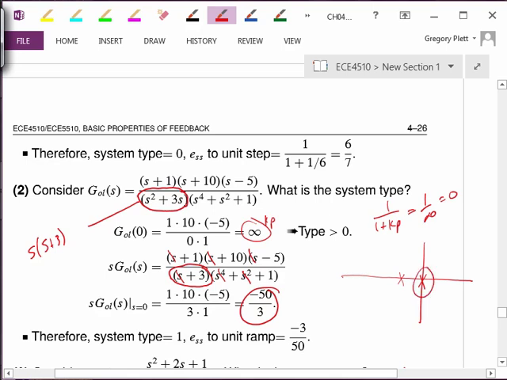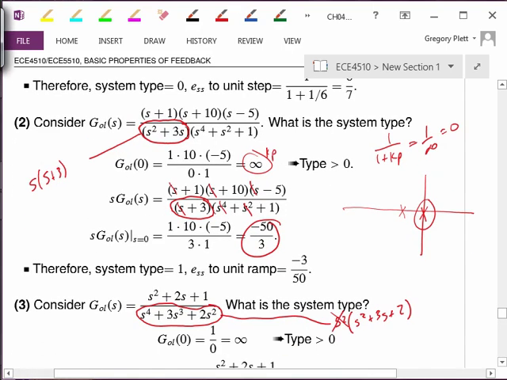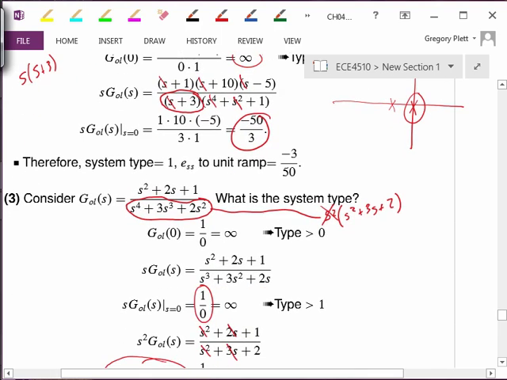But I do have one pole at the origin, and it's a type 1 system. In this final example, I factored it out to S squared times S squared plus 3S plus 2. I've got 2 poles at the origin, and this factors to 1 pole at minus 1 and 1 pole at minus 2, I believe. But the key point is that there are 2 poles at the origin, and it's a type 2 system.